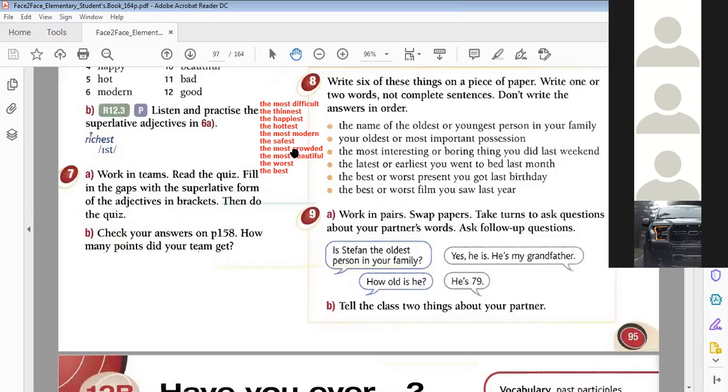Safest. Most crowded. Friendliest. Most beautiful. Worst. Best.